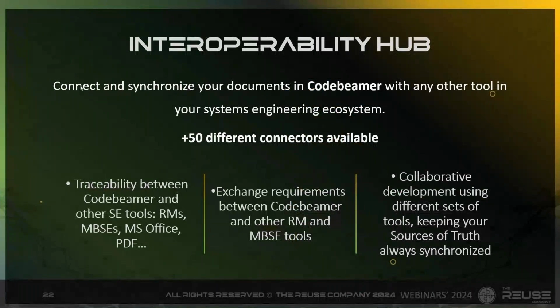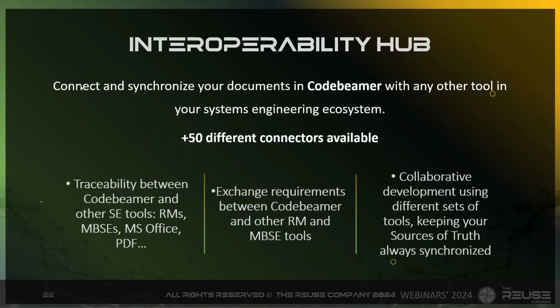So the third demo that I will present today is about interoperability and traceability. As I said, of course, if I want to trace two elements that are managed inside Codebeamer, the best solution perhaps is Codebeamer to establish this trace.